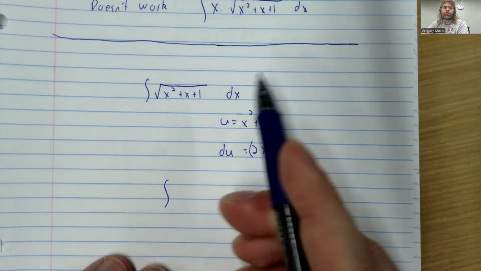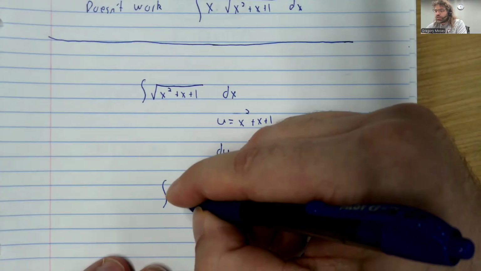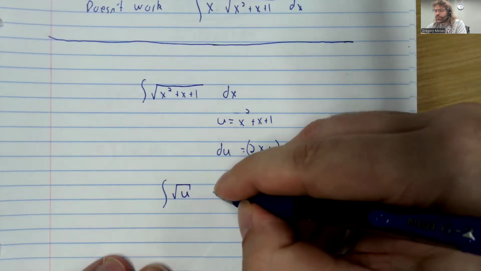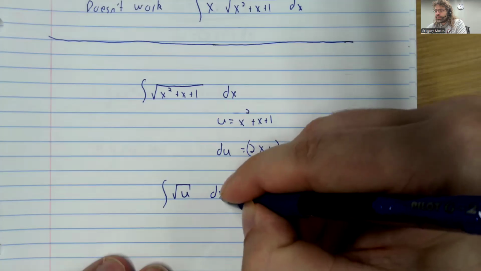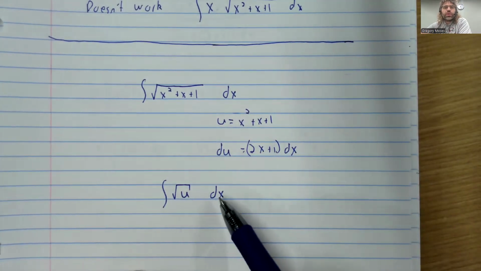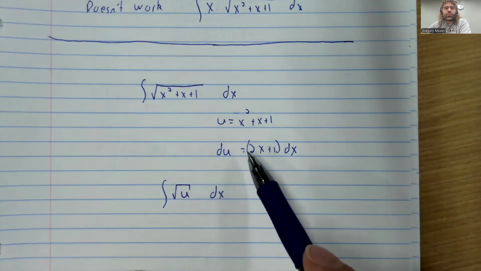Well, this square root turns into the square root of u. No problem there. But it turns into the square root of u dx. How could we get a du?